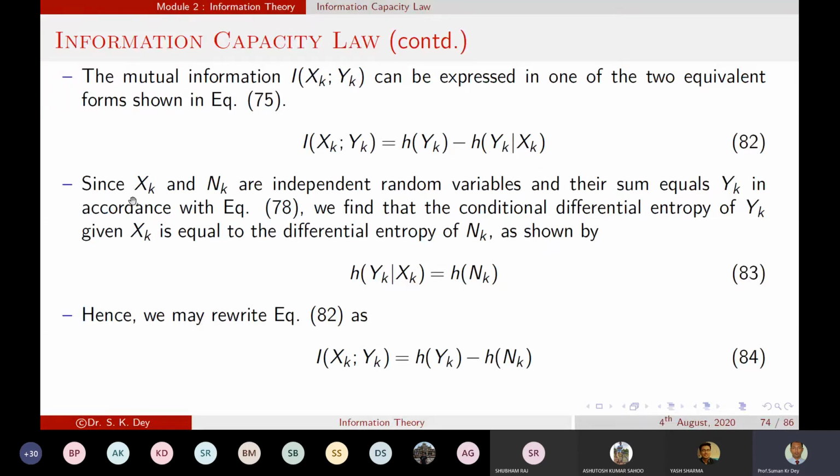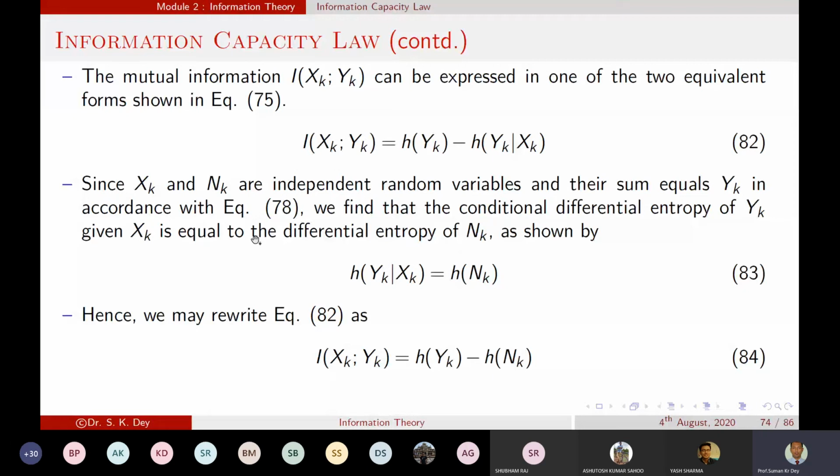Now since Xk and Nk are independent, whatever the input and whatever the noise, they are not dependent on each other. If there is no input, there will still always be noise. So the noise of a channel is not dependent on the input.